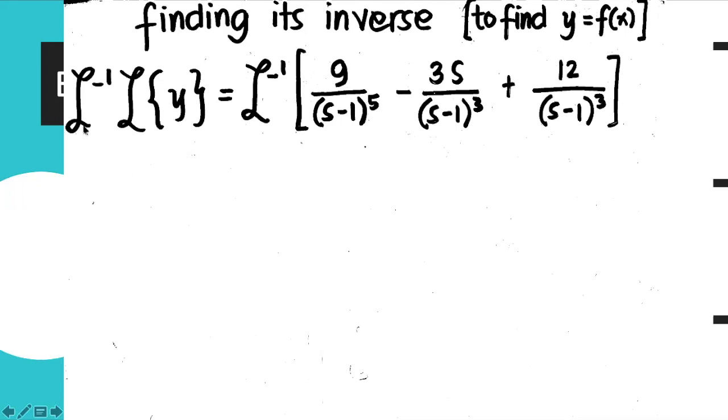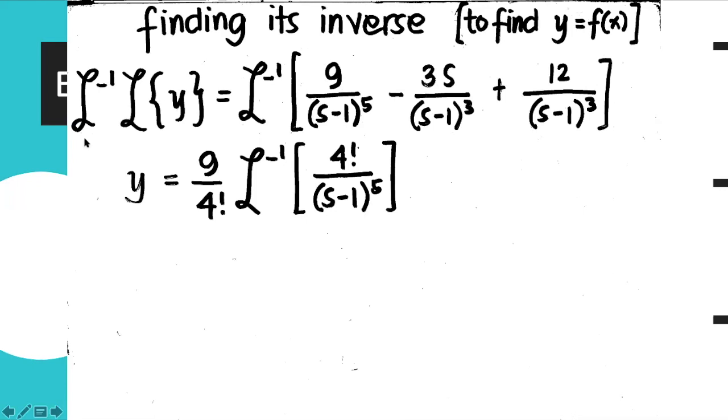So taking the inverse of both sides of the equation, so we have yan, inverse of Laplace of y, it will become y, ano din sa right side natin. So this becomes y. Ito, it follows linearity properties, so you can take the inverse of each term. Yung unang term natin is 9 over s minus 1 raised to 5.